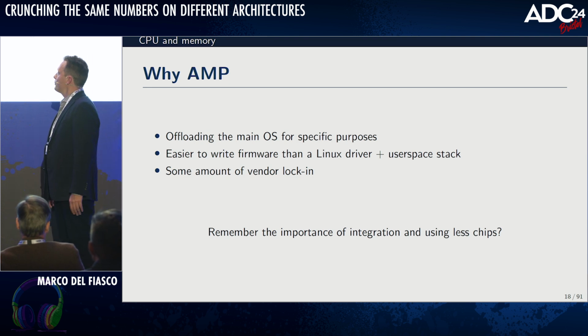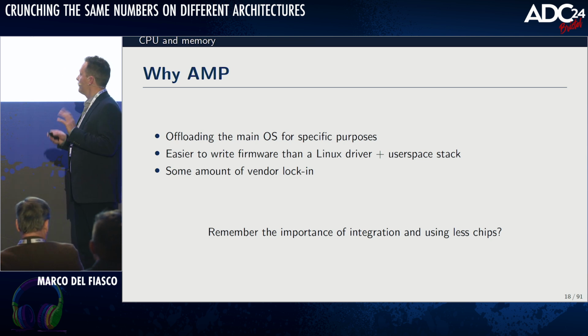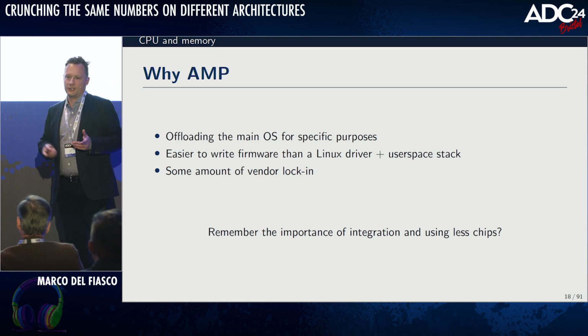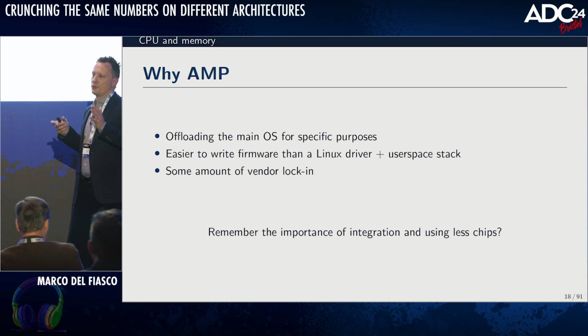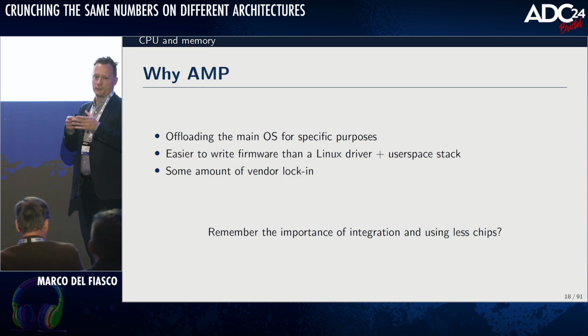A small problem with AMP is that in the end, your software will have some vendor lock-in with the particular chip you choose. But remember the importance of integration we discussed initially. So AMP is a solution. There are chips made of Linux-capable CPUs plus DSP or microcontroller that allow you to integrate different functionalities in the same device with smaller space and easier development, I would say.